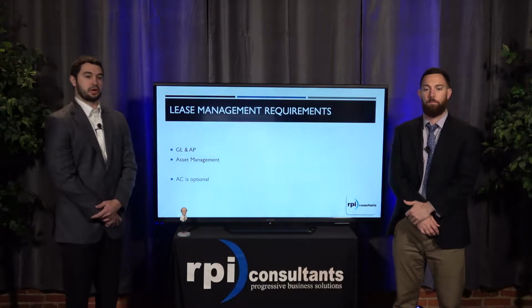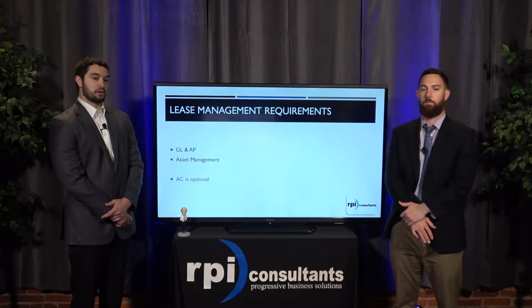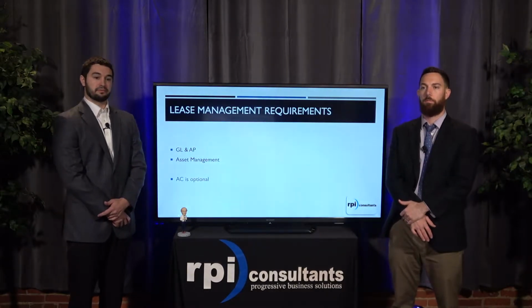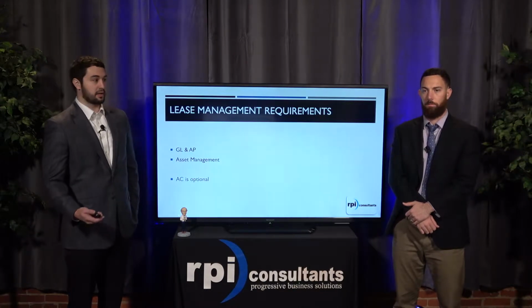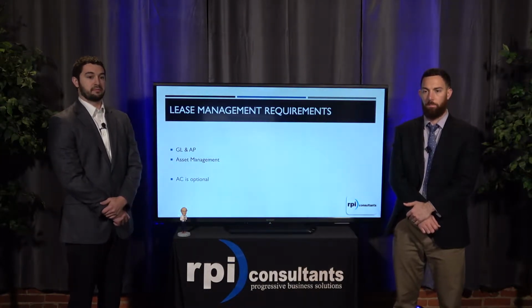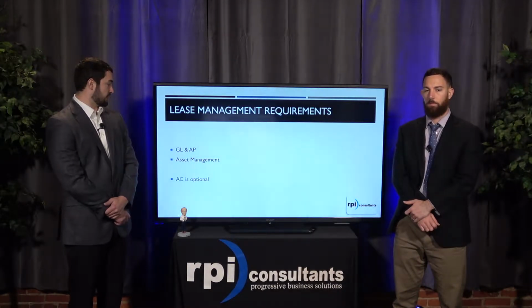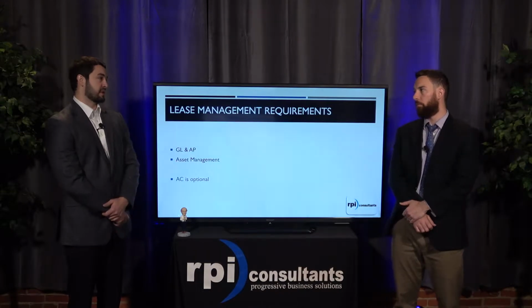A couple LM requirements. Of course you're always going to need GL, and you definitely need AP. So LM is going to generate invoices, you can approve them, and then you're going to interface them into AP so that they actually get paid. The AP company is required as a very basic setup on the LM record, and it uses a lot of those components such as your process levels, your handling codes.